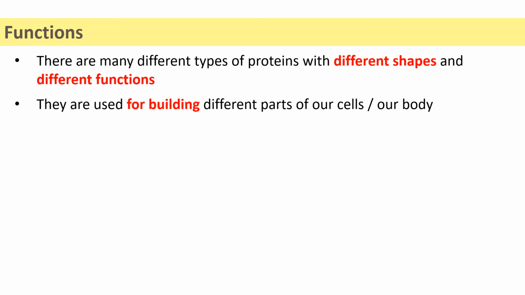Now with all these understandings, I hope you now have a good idea about the function of proteins. Because there are 20 different types of amino acids, and you can join them into different sequence. So it can form into different types of proteins, which have different shapes and different functions.